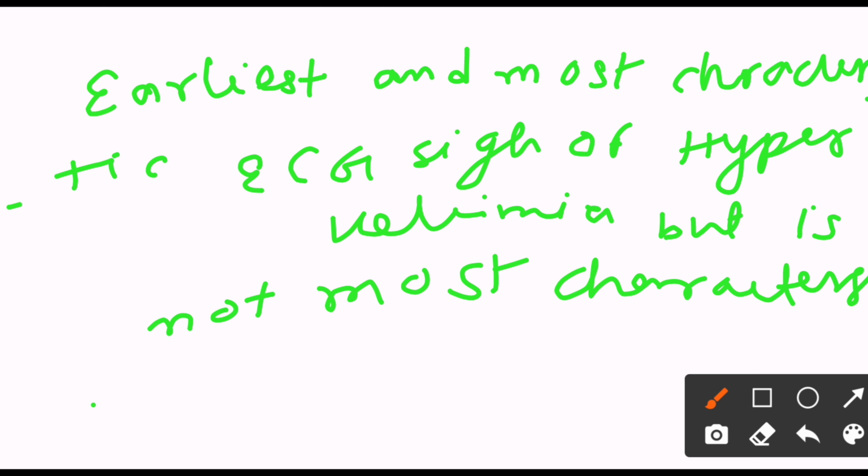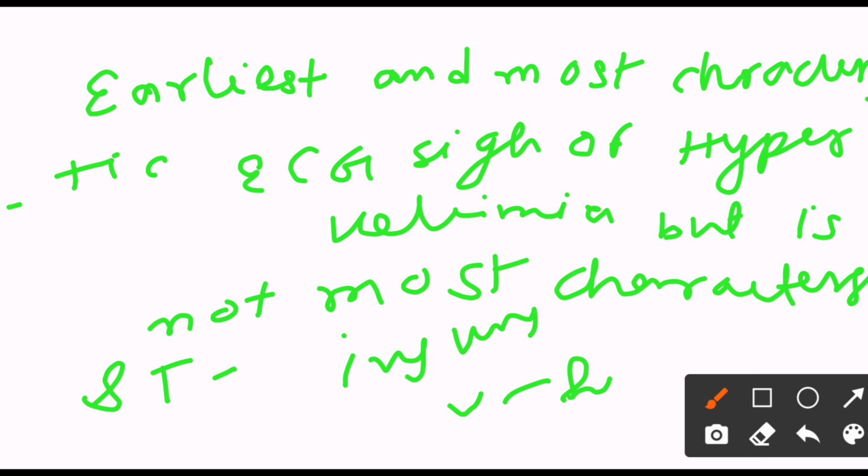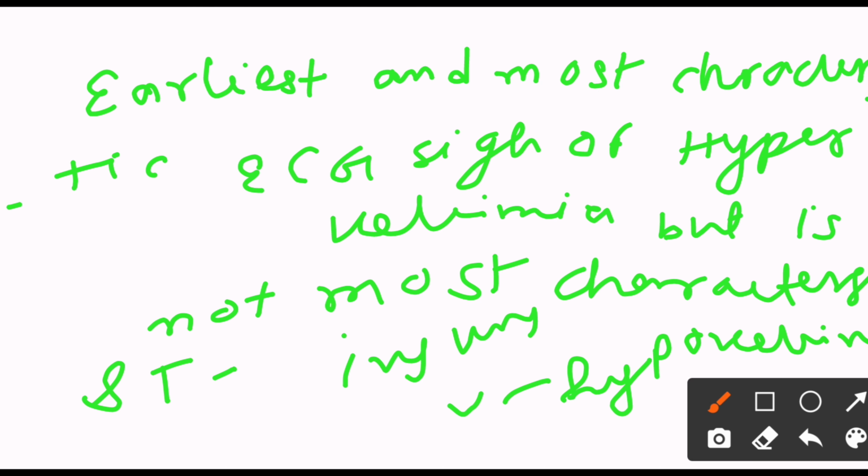ST elevation suggests injury. U wave is seen in hypokalemia. So the answer is option B, tall peaked T wave.